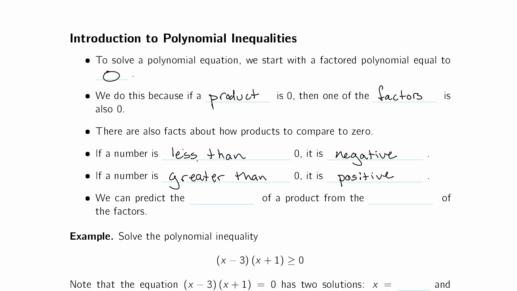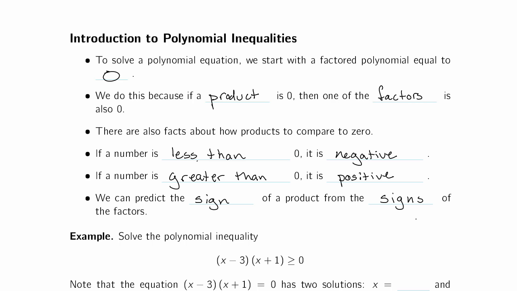And when we're doing multiplication, it's easy to predict the sign of the product, positive or negative, based on the signs of the factors. So that's what we're going to do to solve a polynomial inequality.